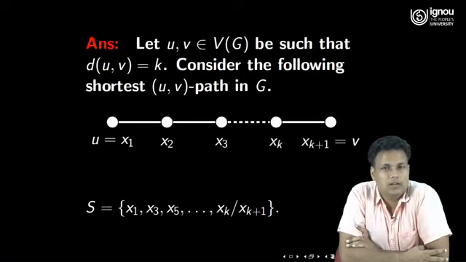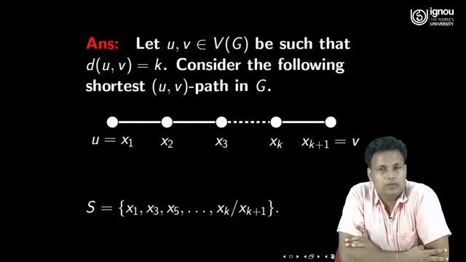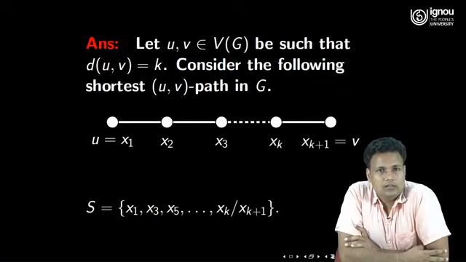Namely, these vertices are x1, x2, x3 and so on up to xk and x_{k+1}, where x1 is u and x_{k+1} is v. Since this is the shortest u-v path, you can see that u has exactly one neighbor on this path, which is x2.